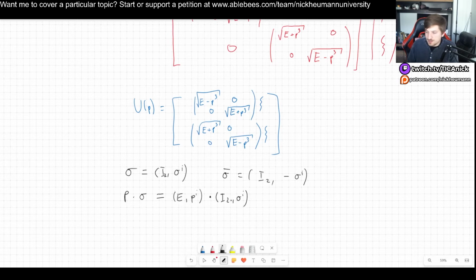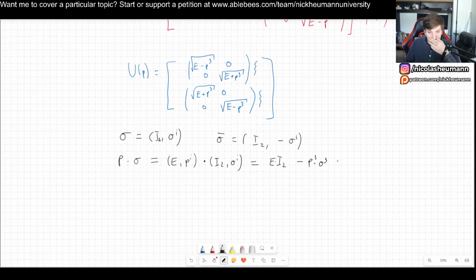Now do keep in mind, the metric that we're using has a minus sign in the spatial part. So that means that by doing this, we get E times I2 minus p_i sigma i. Now, of course, in our case, p and sigma are only in the 3 direction, so we only get p3 sigma 3.